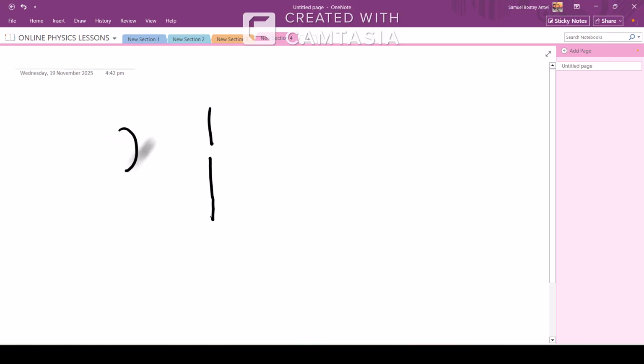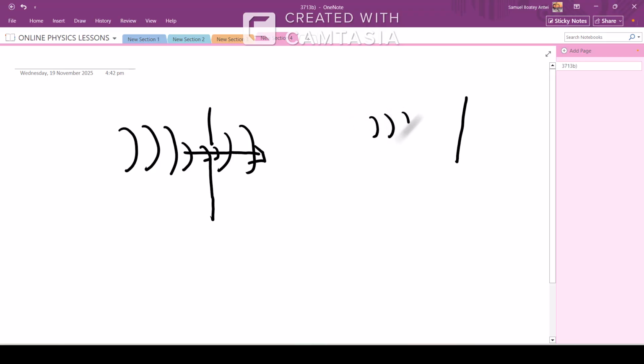So if this is the sound wave, the ability of the sound wave to meander through this narrow aperture is what is considered as diffraction.